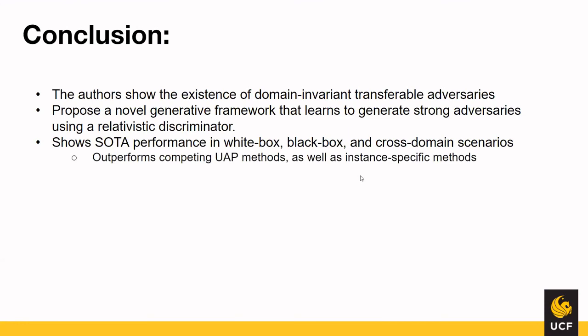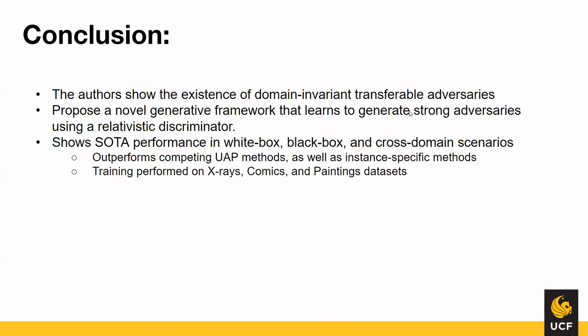This attack outperforms competing universal adversarial perturbations as well as instance-specific methods. These two bullet points demonstrate how powerful this attack is, and that you can apply it in a variety of different settings and outperform both universal and instance-specific methods.